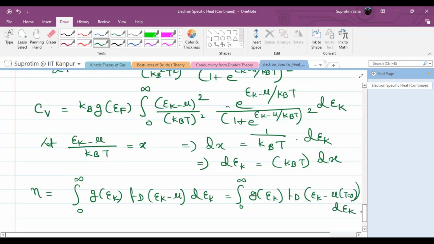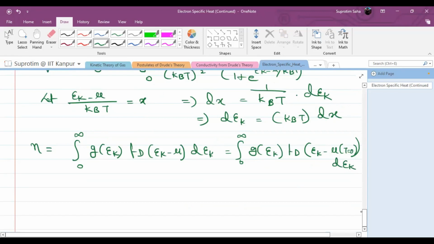As the number of electrons is constant, it doesn't depend whether you calculate at T equals 0 or T not equals 0, that is, at a finite temperature.